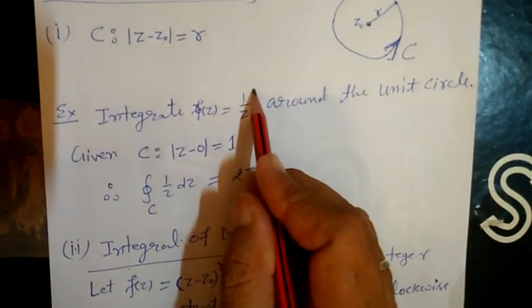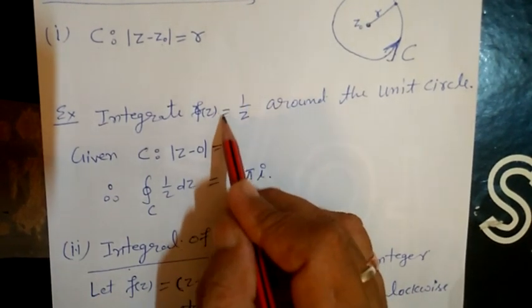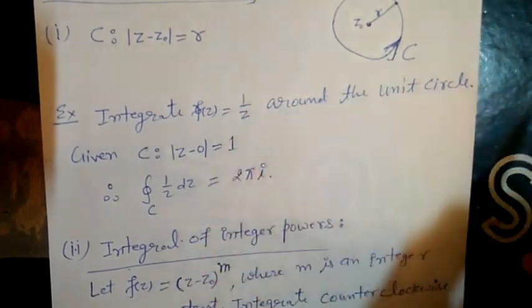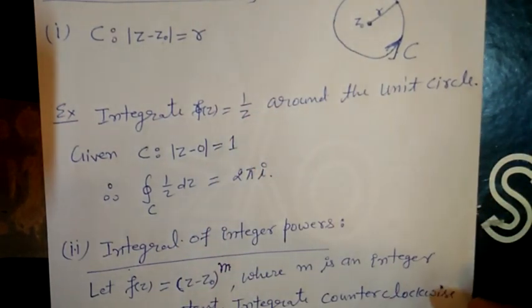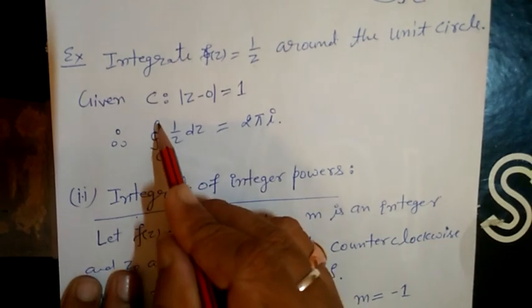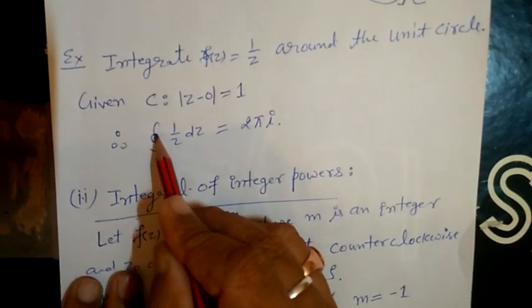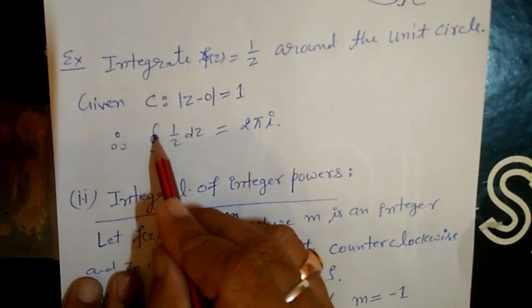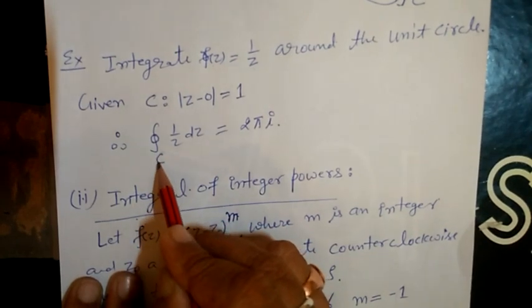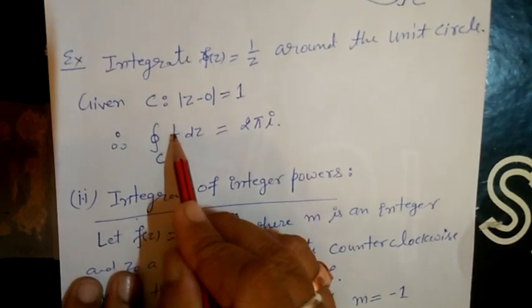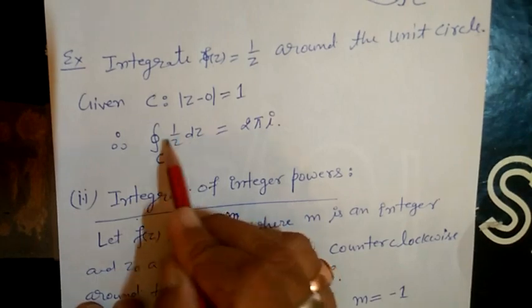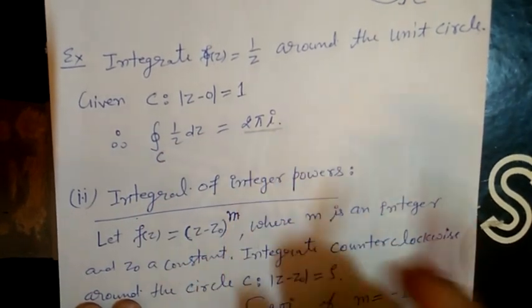We want to compute the value of this integral around the unit circle C. Therefore, since the unit circle C is a closed curve, the integral of 1 upon z dz will be 2 pi iota.